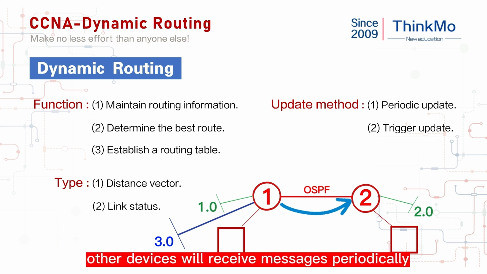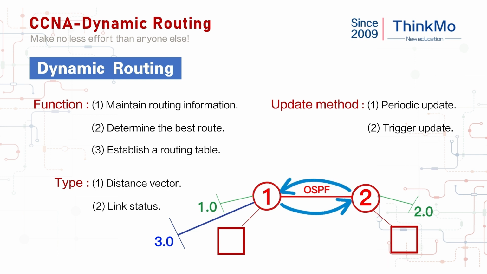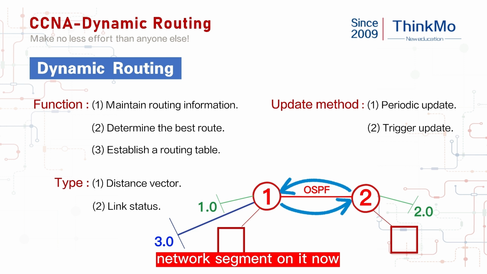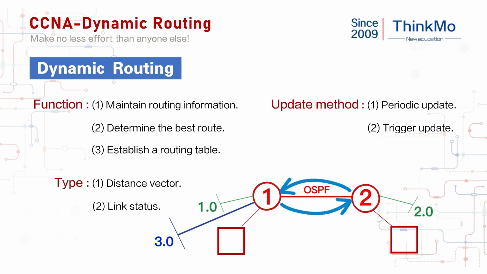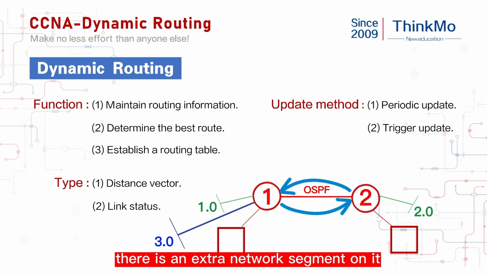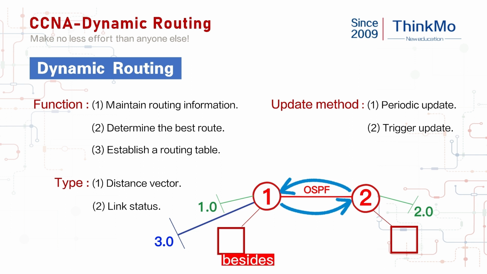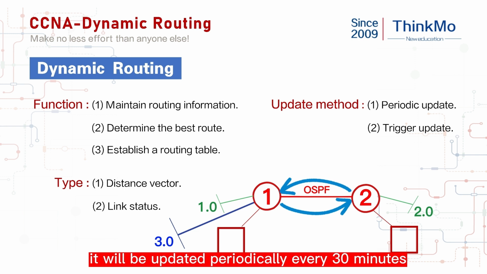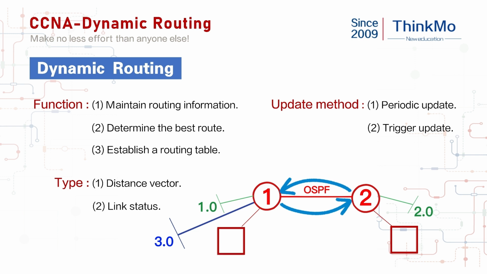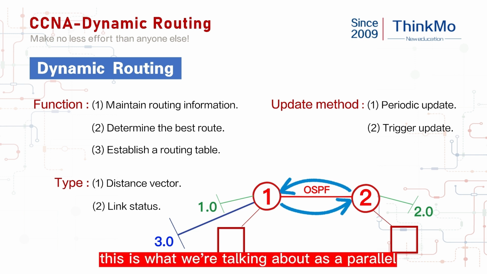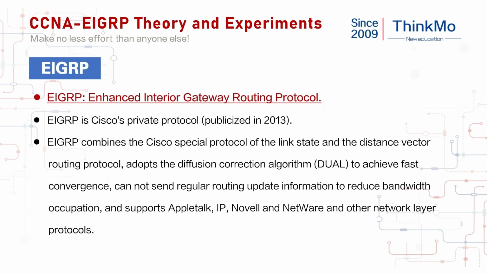Other devices will receive messages periodically. It is also a triggered update: as long as there is an extra network segment on it now, it will tell other devices there is an extra network segment. Besides, it will be updated periodically every 30 minutes. This is what we mean by the two running in parallel.